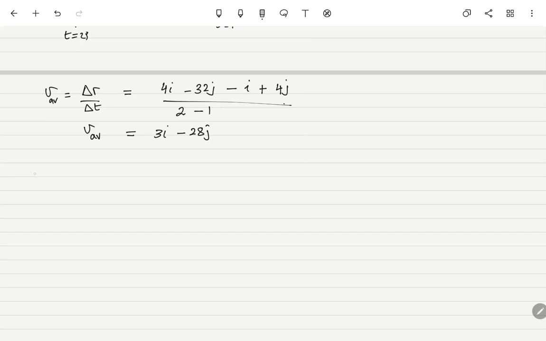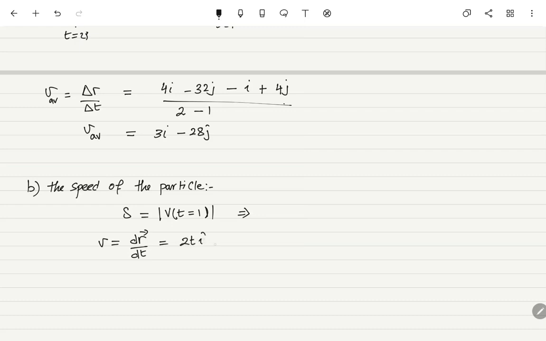Now B: find the speed of the particle. In this case, the speed is the magnitude of v when t equals 1. Here v is equal to the first derivative of r with respect to t, which is 2t i minus 12t² j.